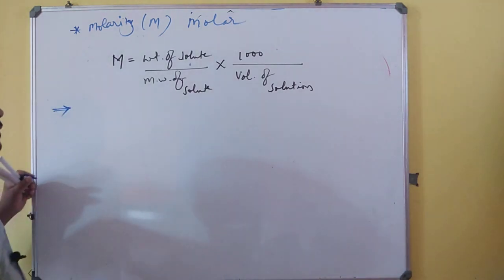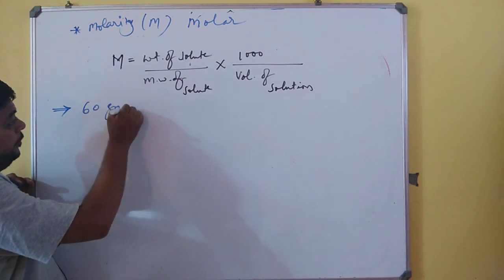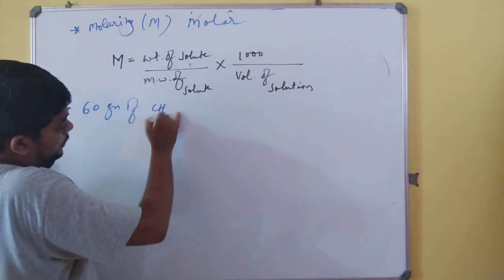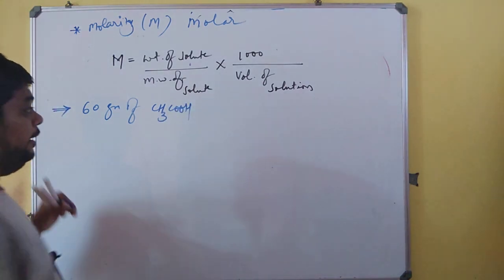Now the question for this concept will be delivered in this way. 60 gram of acetic acid, that is CH3COOH.